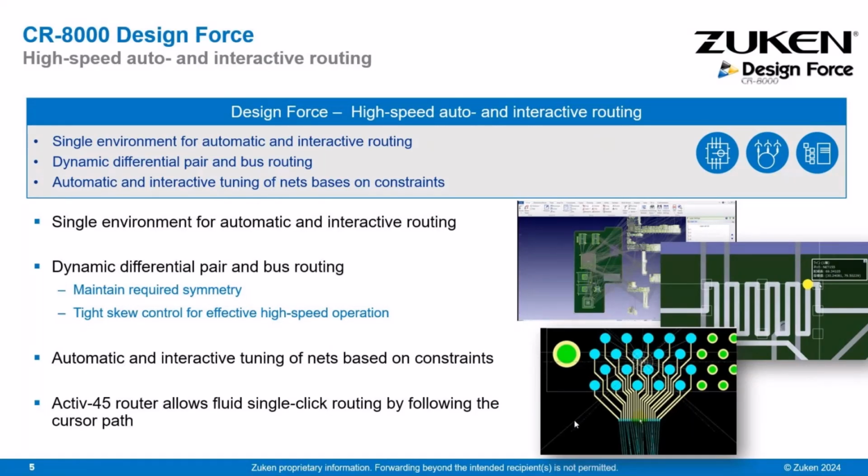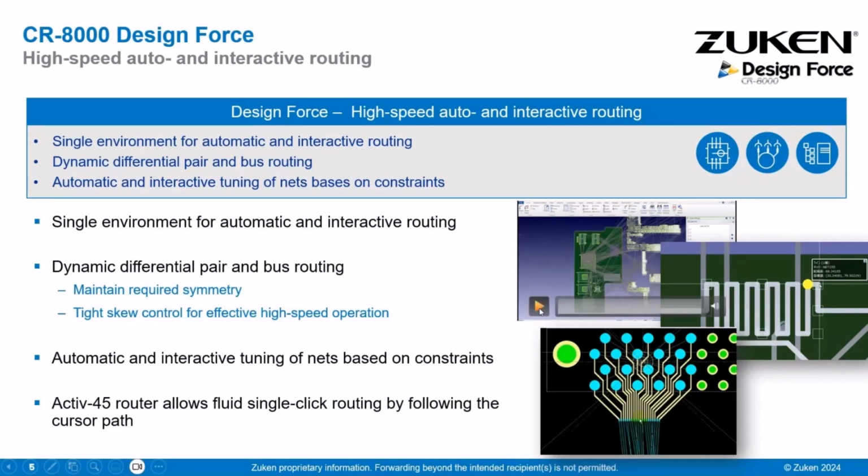It also offers tight skew control, ensuring signals arrive at their destinations at the right time, which is essential for high-speed applications. The system also allows for automatic and interactive tuning of nets based on specific design rules and topologies, making it easier to meet performance goals. And lastly, we have the Active 45 router, which lets us route with just a single click following our cursor's path. This makes the design process smoother and faster.